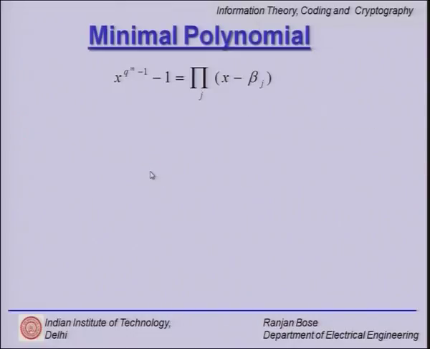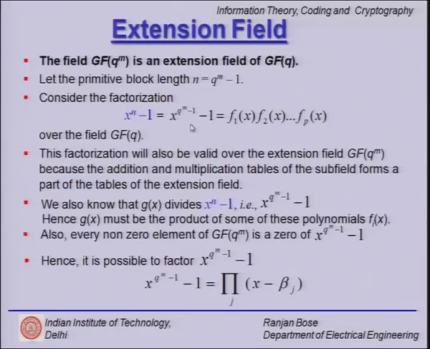Please go back and see where we are going. We are trying to factorize x raised to the power q^m minus 1 minus 1. Now, there is an easy factorization available here in terms of the product of the linear factors x minus b_j's, b_j being the non-zero elements, right.